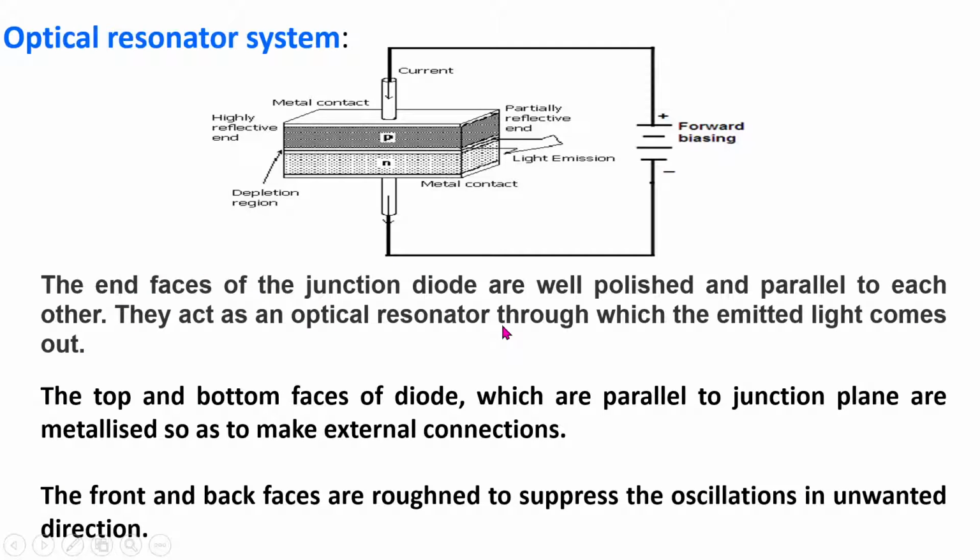Now see here, we have already seen that any laser has three basic components. One is the active medium, the second is the optical resonator, and the third is the pumping source.